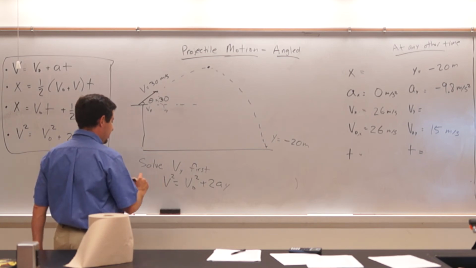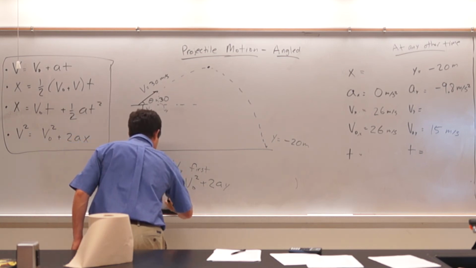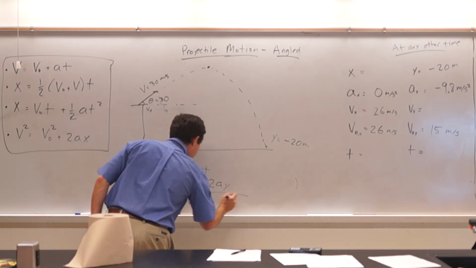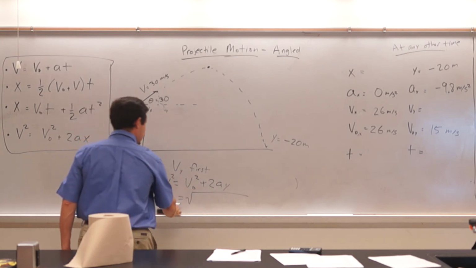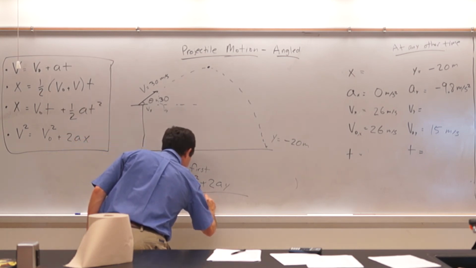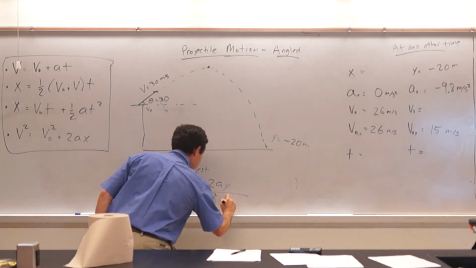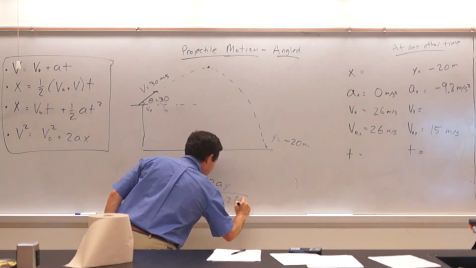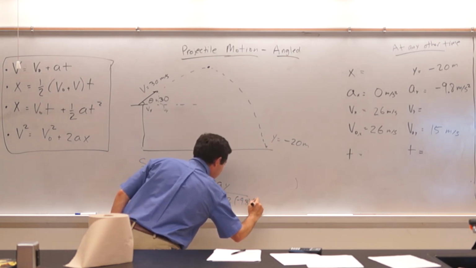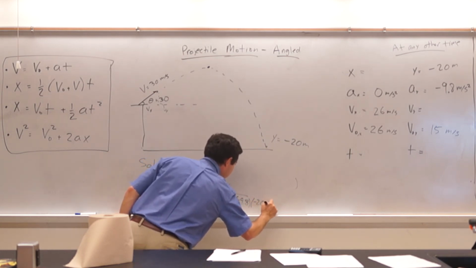And when you solve this, you end up getting velocity is the square root of, let's see, 15 meters per second squared plus 2 times negative 9.8 times negative 20.